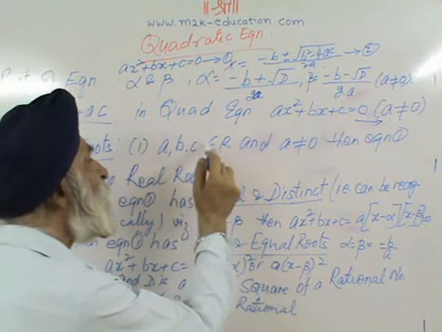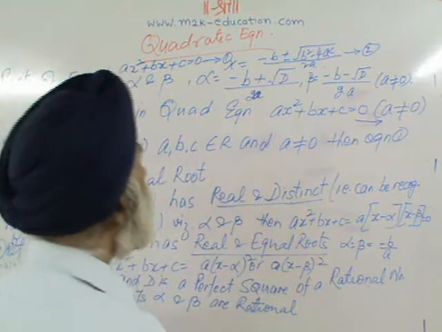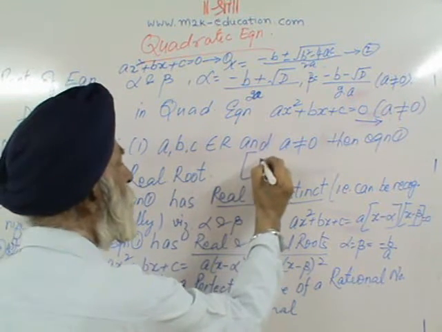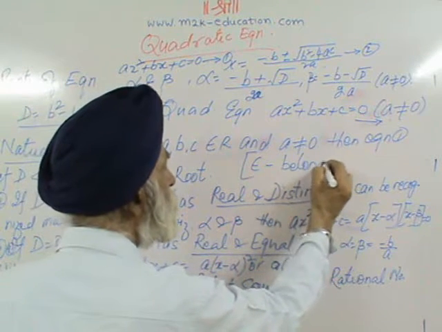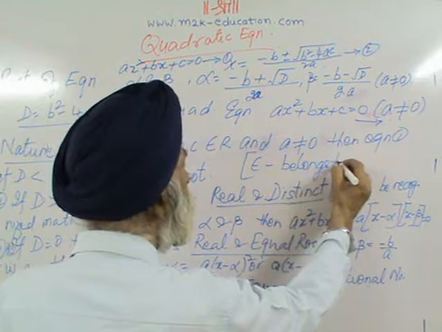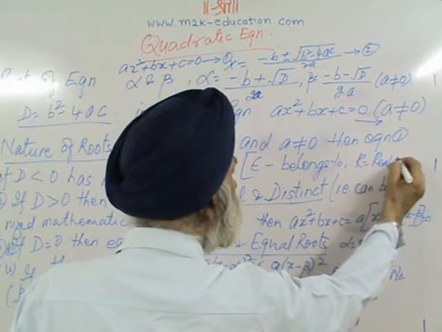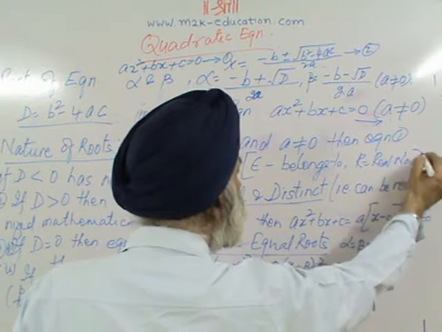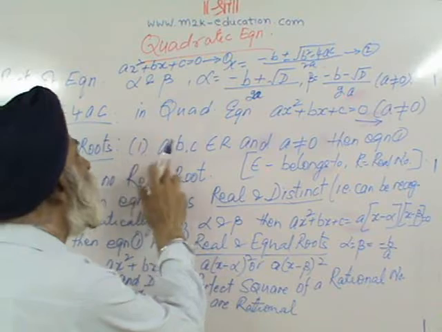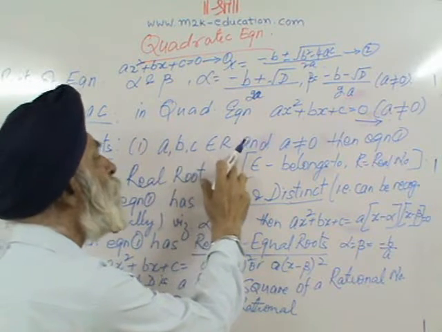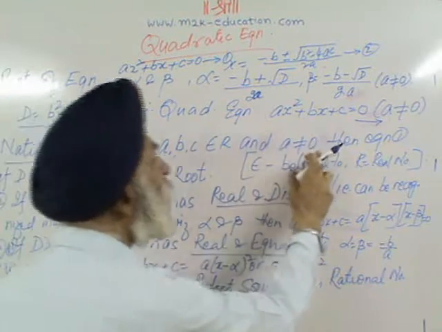This sign is 'belongs to', which you have to remember, and R is the set of real numbers. So the condition is that a, b, c belong to the family of real numbers, and a is not equal to 0.